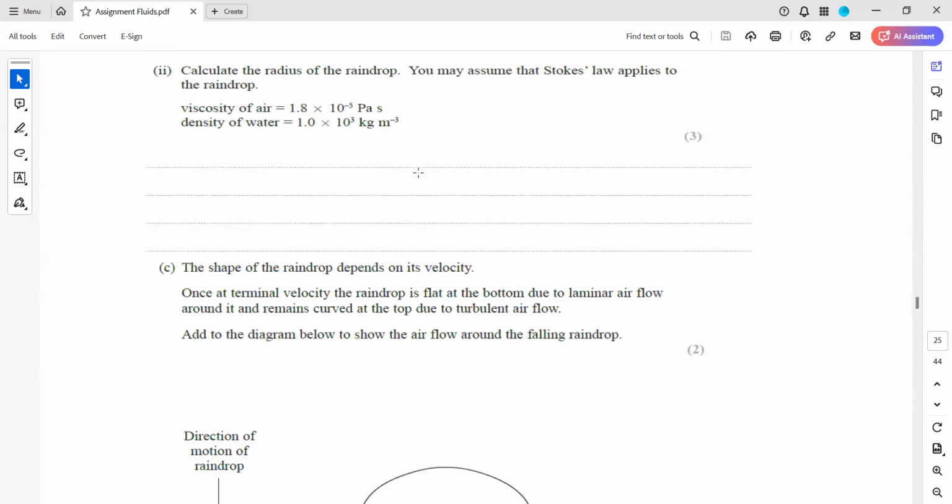Calculate the radius of a raindrop. You may assume that Stokes' law applies to the raindrop. The viscosity of air and density of air and water are also given. And they already mentioned that the upthrust can be ignored here.